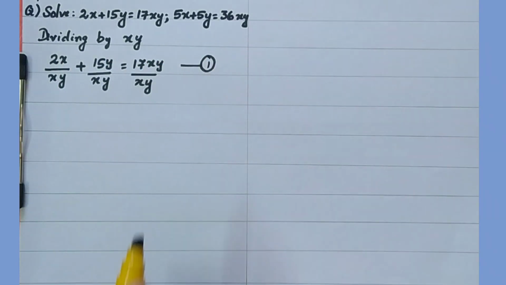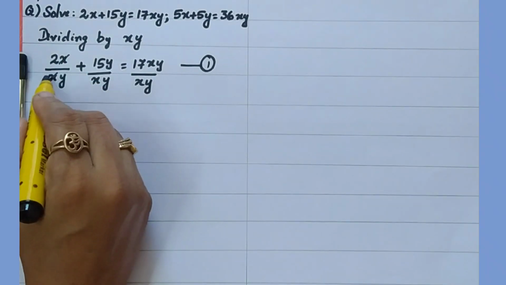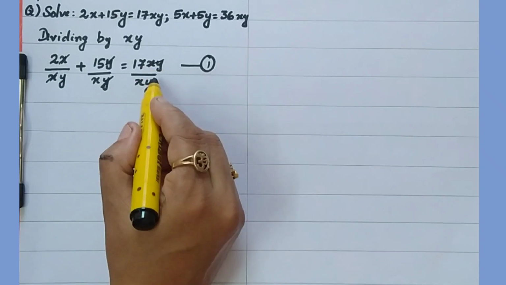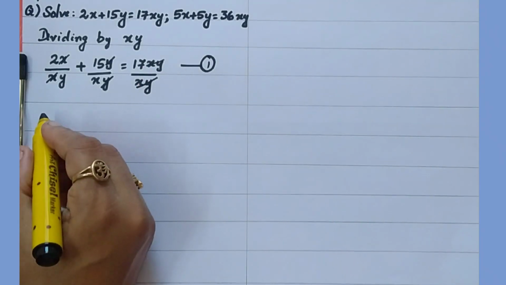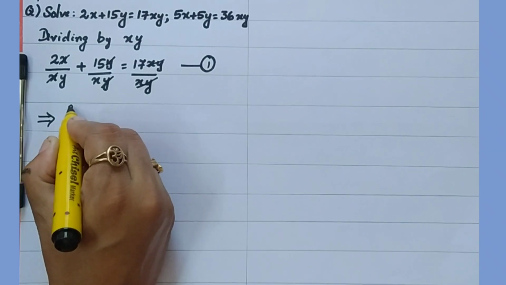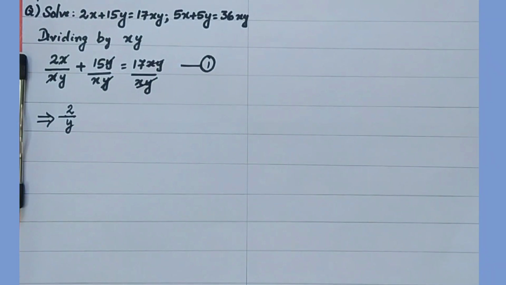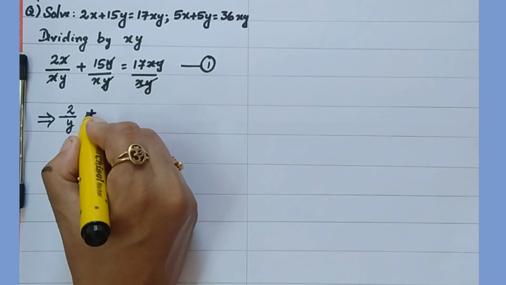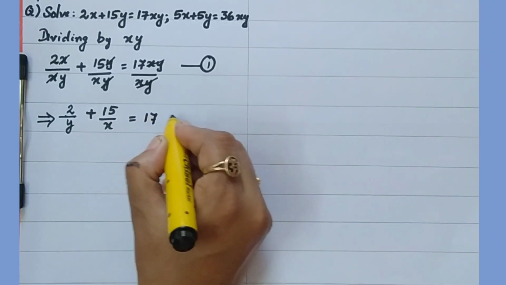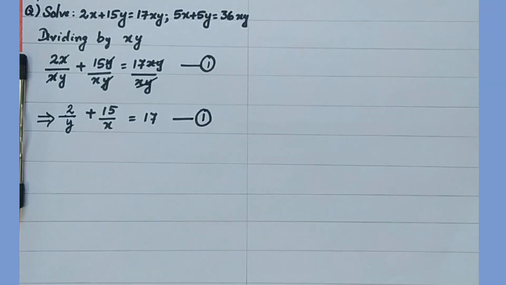Dividing throughout by xy, x gets cancelled, y gets cancelled, xy gets cancelled. So what remains, which implies your first equation is 2 by y, y is in the denominator, plus 15 by x equals, your right side now becomes 17. Actually, this is equation number 1. Again, it transforms to an equation of type 1.